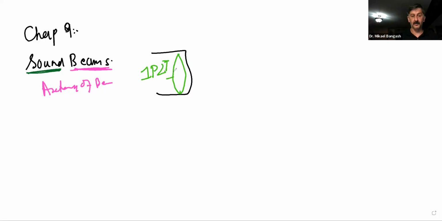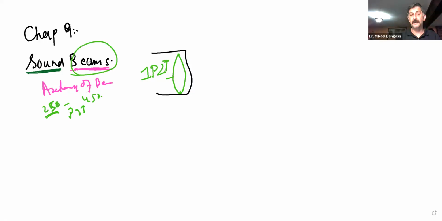Whereas when we go to our actual transducer, we see that an actual transducer has anything between 250 to 450 pieces of PZT, where each piece of PZT will produce beams or wavelets, which form what we call a beam.